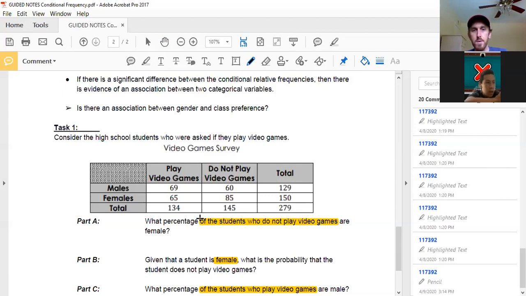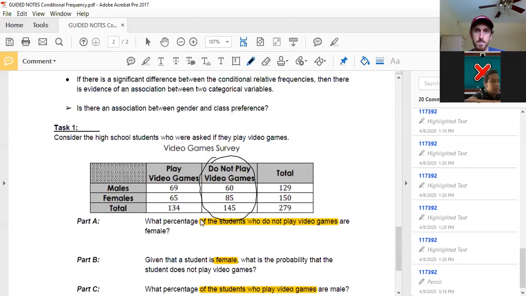So the first part is of the students who do not play video games. Right now, my condition is I'm only going to look at the students who do not play video games. Now I'm only going to focus on this one part. Now tell me what percentage of those are female?